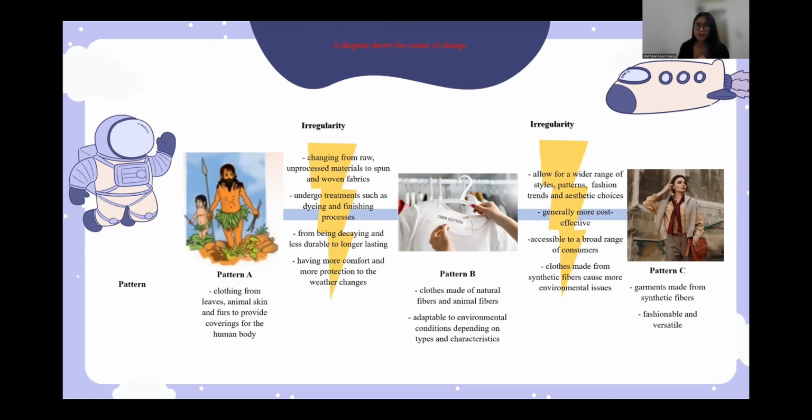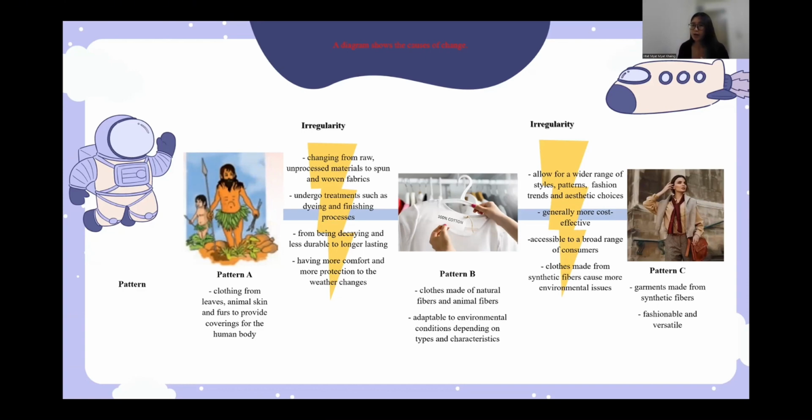Another thing is that when we wear clothing made of natural fibers, we feel more comfortable, and it can also protect us more from weather changes than the pattern A leaf clothing and animal skin and fur.